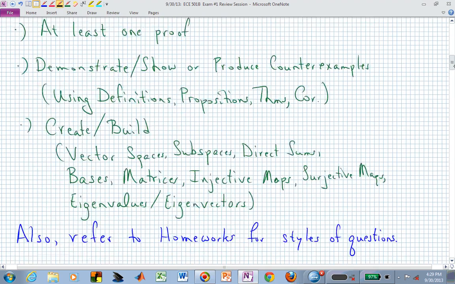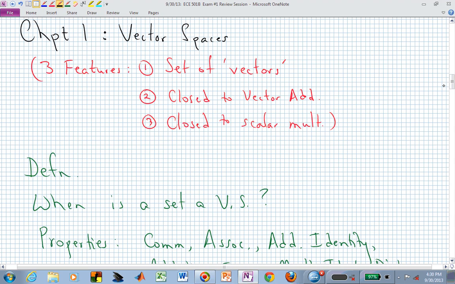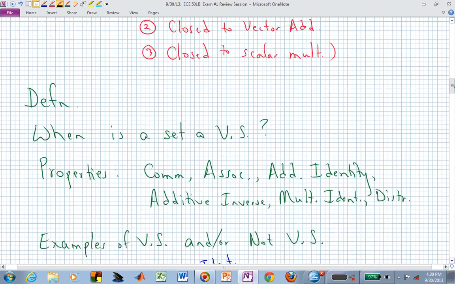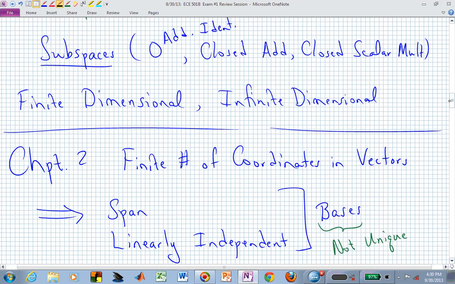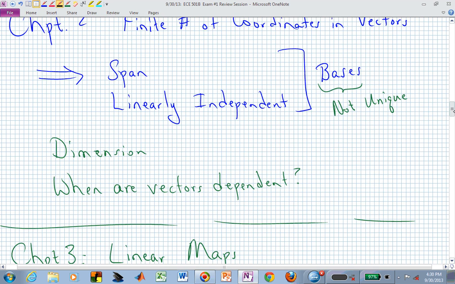Chapter 1 through Chapter 5, or part of Chapter 5, and you can start to now put all of these ideas into play and understand how they are all connected. Starting with where these vectors begin in vector spaces, restricting those vectors to be finite dimensional or have a finite number of coordinates or entries in a vector.